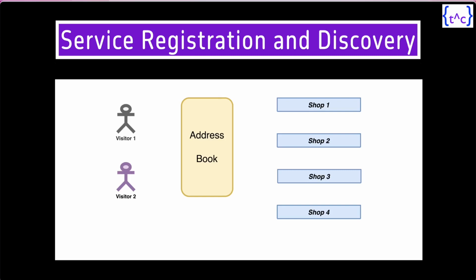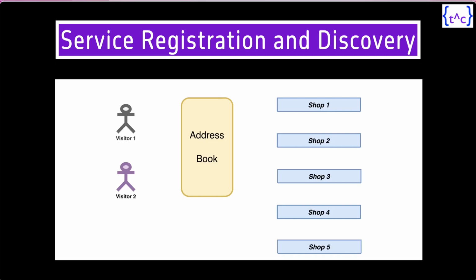And if there is any new shop, let's say in our example, shop 5 is a new shop which has come up, this shop should register itself in the address book, right? So that visitors can find this shop and visit it. So any new shop which is coming up should register itself in the address book, and this address book is working as a central system to record all the addresses and give the information to the visitors.